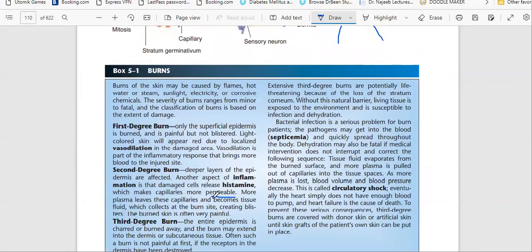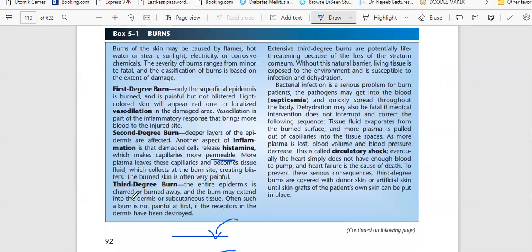Second degree burn. What will happen in third degree? The entire epidermis is shattered or borne away, and the burn may extend into the dermis or subcutaneous tissue. Often, such a burn is not painful at first if the receptors in the dermis have been destroyed.